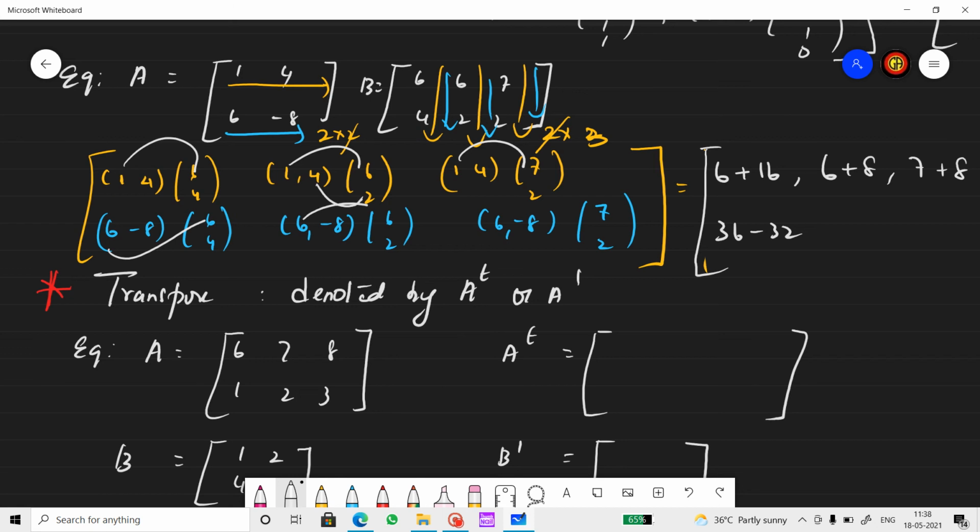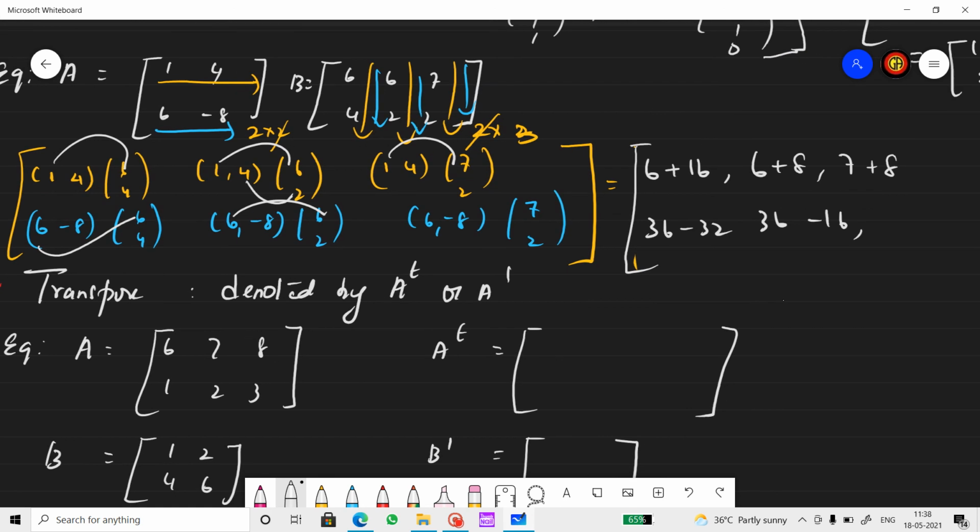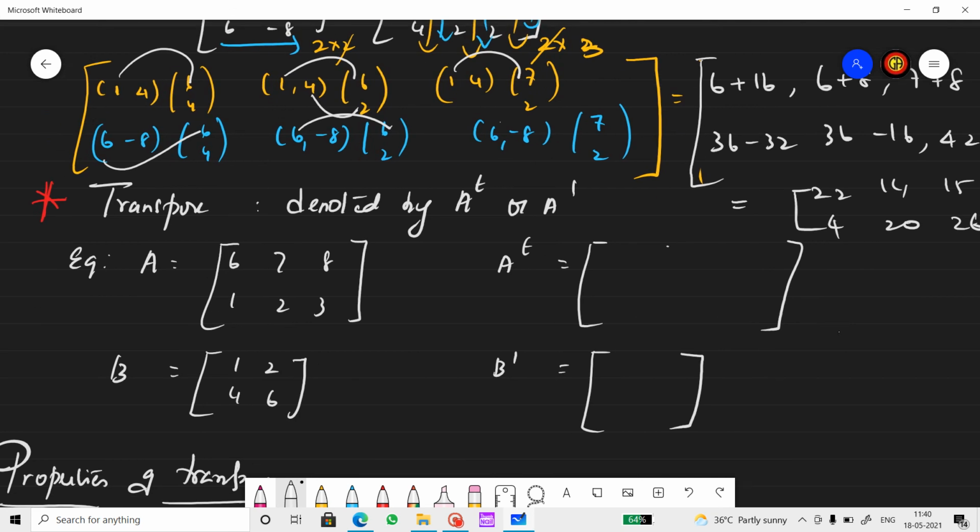And then 6, 6 are 36, minus 16. And then 6, 42, minus 16. So we write the answer for this. Alright? So, after we add, we get this as the answer.